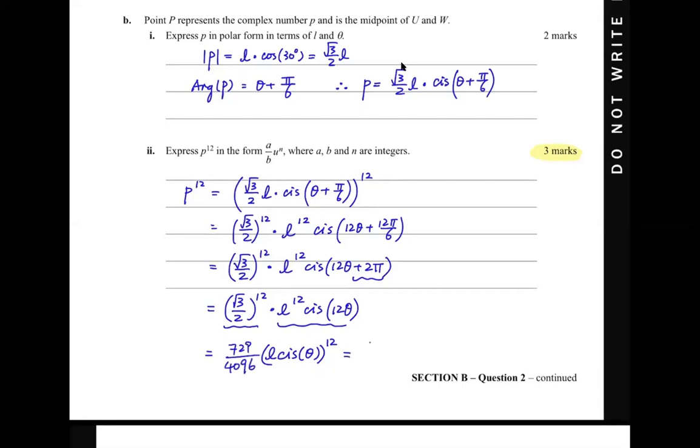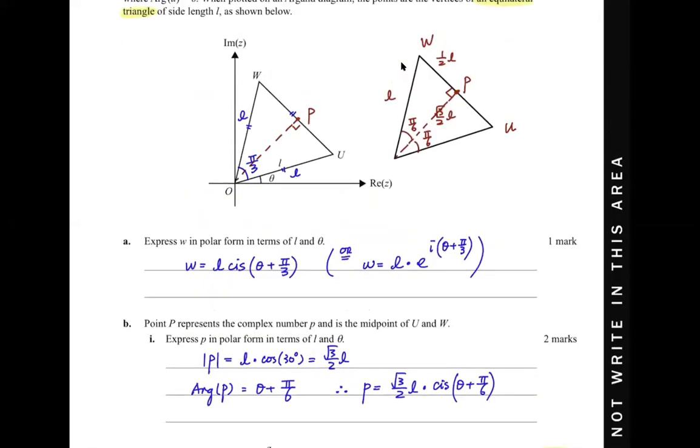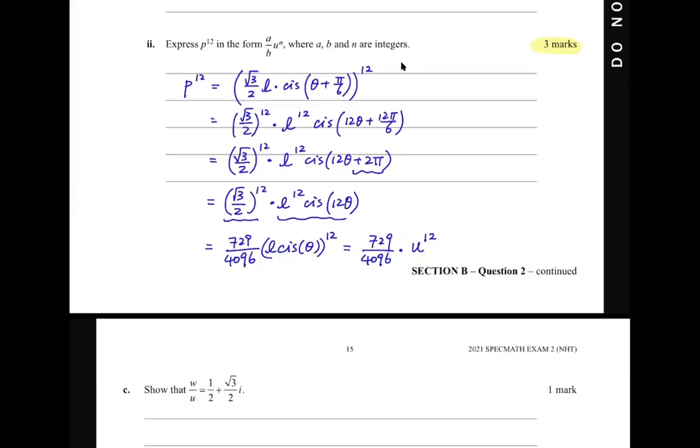So this guy here should be 729 over 4096 times u to the power of 12. Okay? Where is u? u is here, the angle is θ here. So this is our required answer: a equals 729, b equals 4096, and n equals 12.